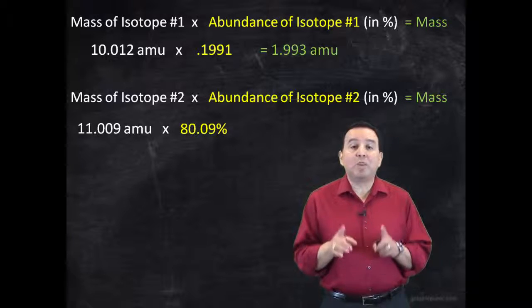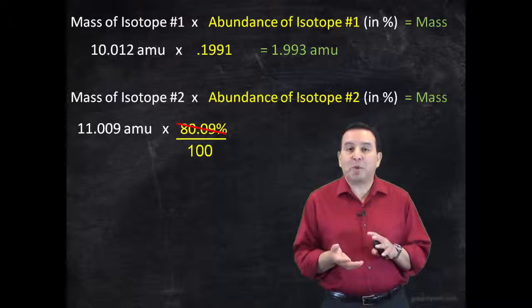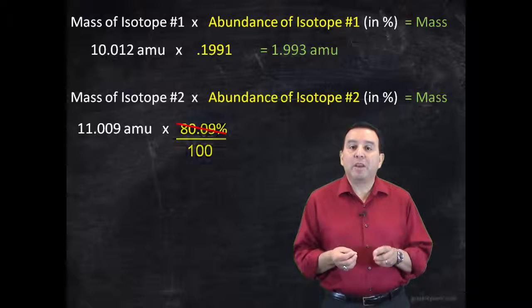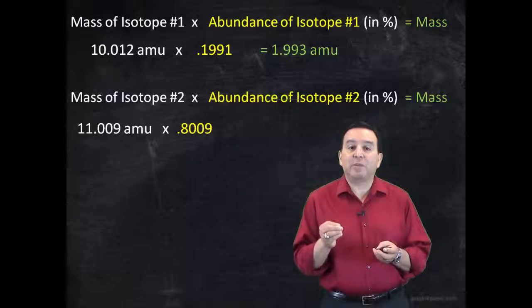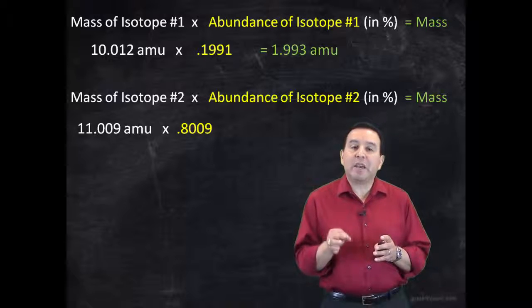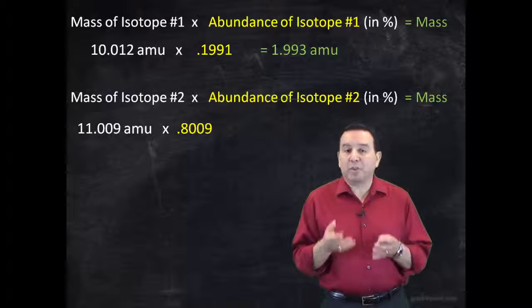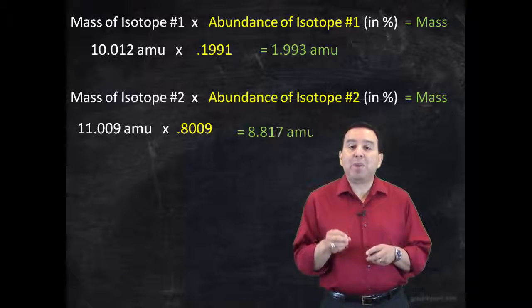Again, we can't use the percentage in this equation, so we need to convert it into decimal form. Divide 80.09 by 100 and you get 0.8009. So we take the 11.009 atomic mass units times 0.8009, you multiply them out and you get 8.817 atomic mass units.